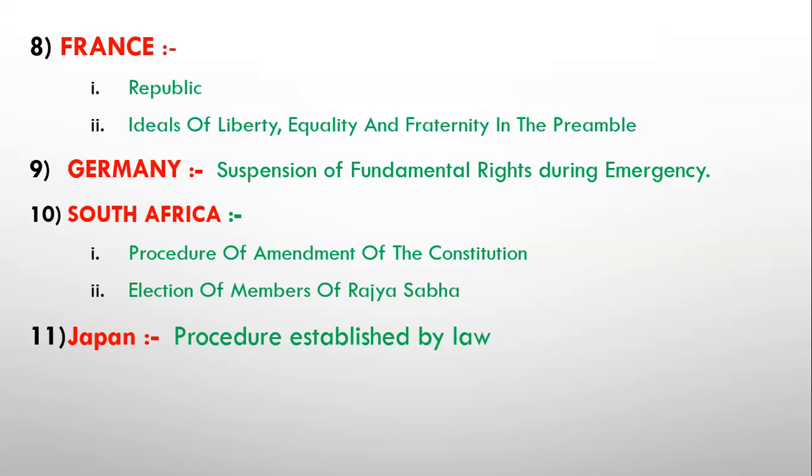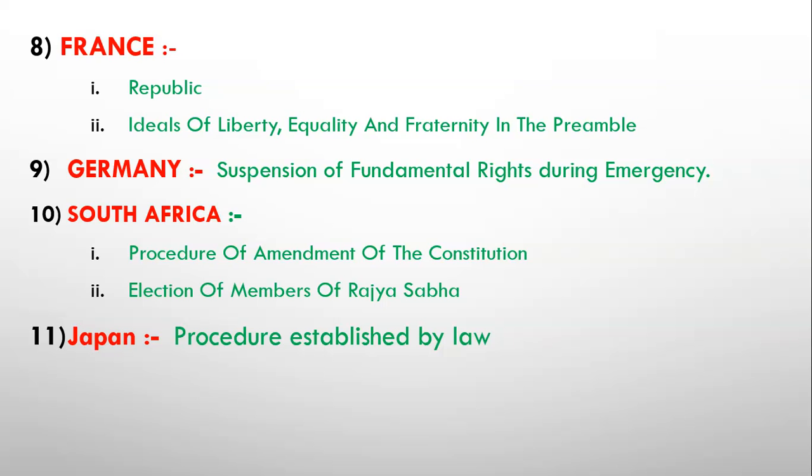For example, if there is an external emergency, an emergency due to war or external aggression, then Article 19 stands suspended automatically. But whether an emergency is internal or external, the president has the power to suspend all the fundamental rights except Article 20 and Article 21.